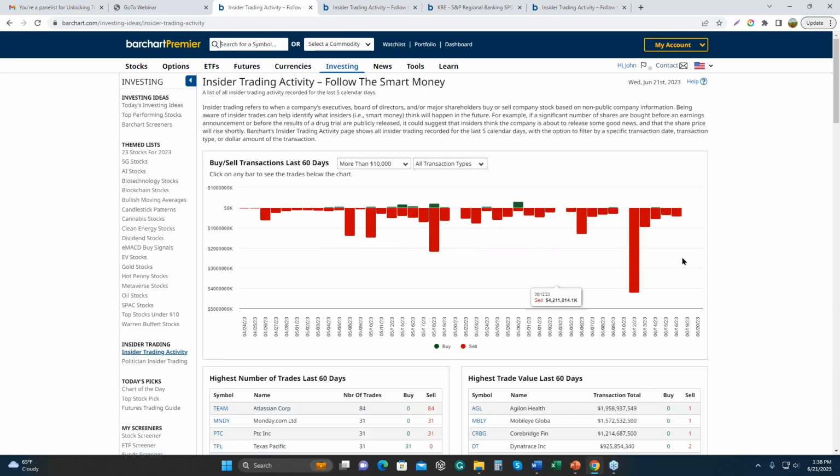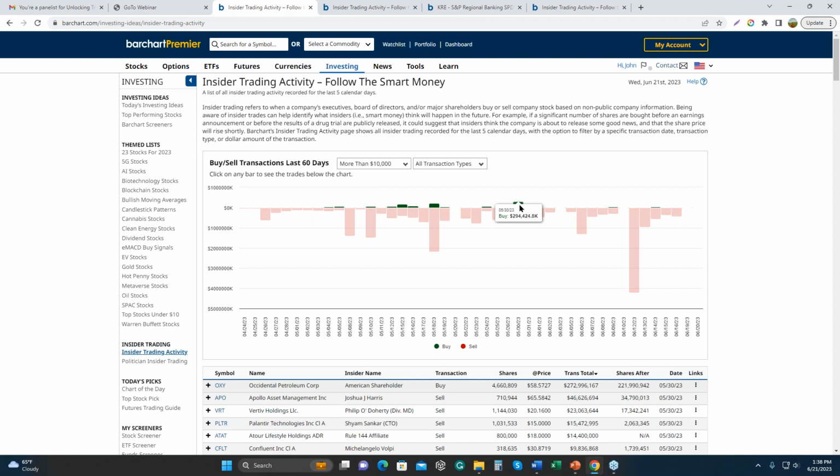And I said that we look at this sentiment that, over the last 60 days, the sentiment among insiders has been a bit of selling. So what might be more significant is those outliers. In other words, let's look at who's buying during this time when everybody else is selling.